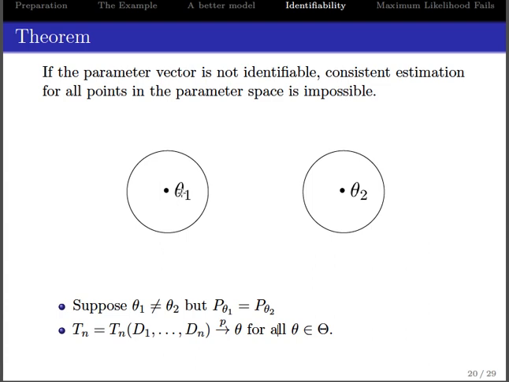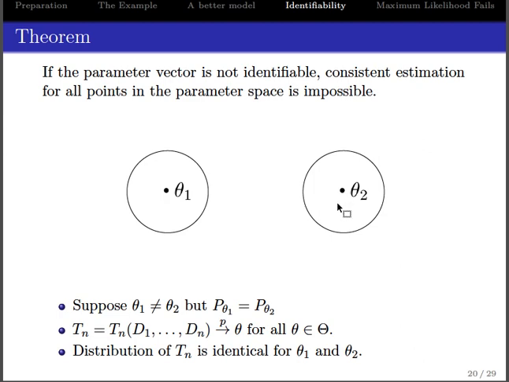In that case, you see, the problem is that suppose that theta 1 were the true parameter value. That means that more and more of the probability would have to get concentrated in this little neighborhood. But since the probability distribution of the estimator is identical for theta 1 and theta 2, it means also that the probability is going to have to get concentrated in here. And after a while, this one has to get bigger than a half, and this one has to get bigger than a half, and it's impossible.